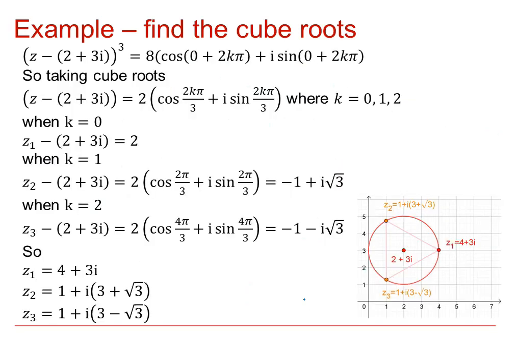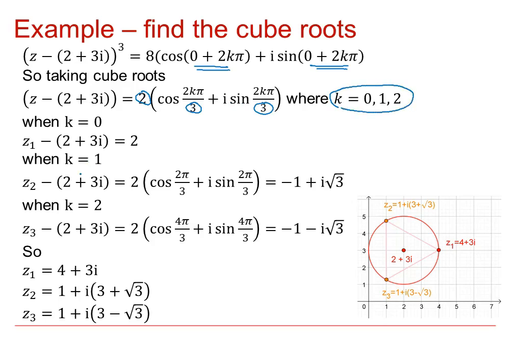So the key step before we apply de Moivre's theorem is to write 8 in modulus argument form, and in particular to make sure that we've got the extra 2k pi to give us the required 3 solutions. Then when we apply de Moivre, we get the cube root of 8, and we get a third of the argument, and we can let k equal 0, 1 or 2.